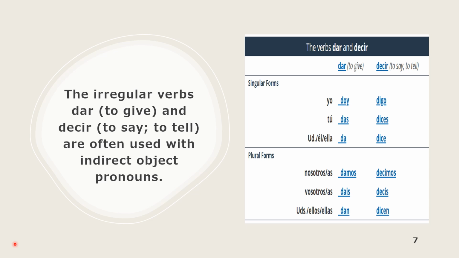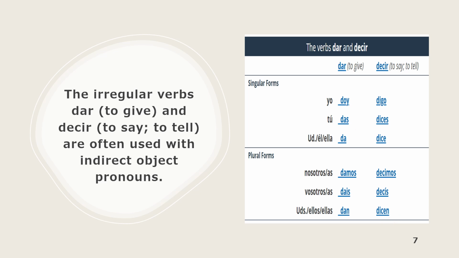Dar: yo doy, tú das, él, ella da, nosotros damos, vosotros dais, ustedes, ellos, ellas dan. Decir: yo digo, tú dices, él dice, nosotros decimos, vosotras decís, and ellas dicen.